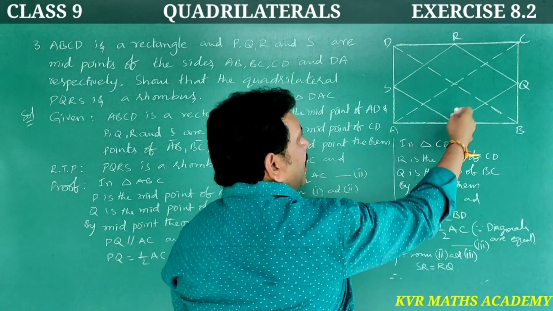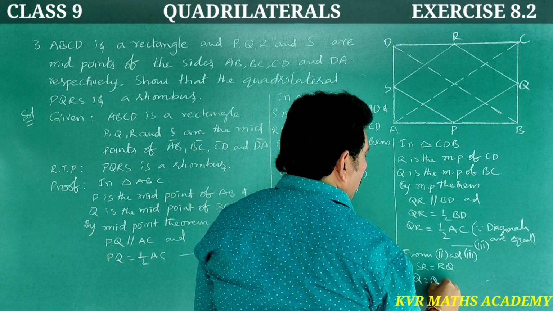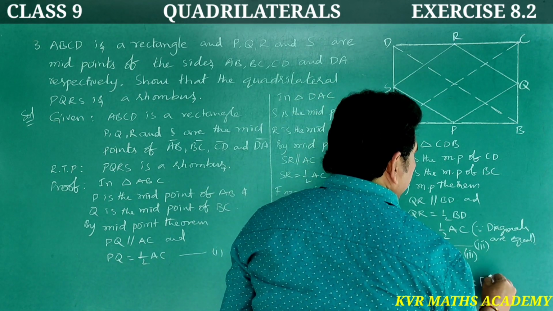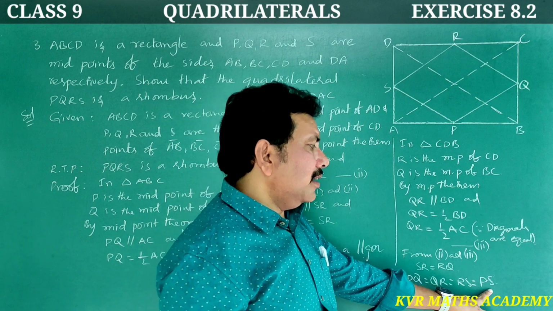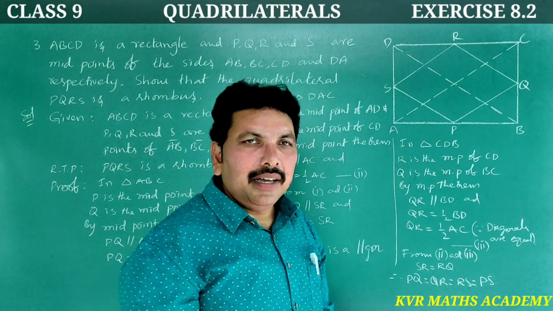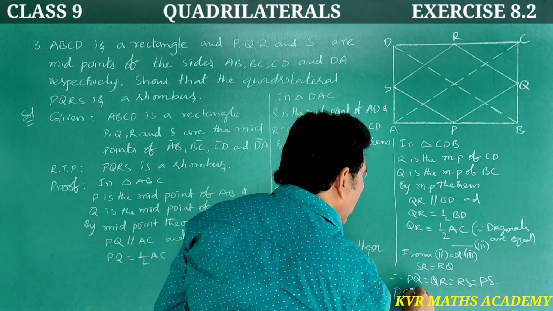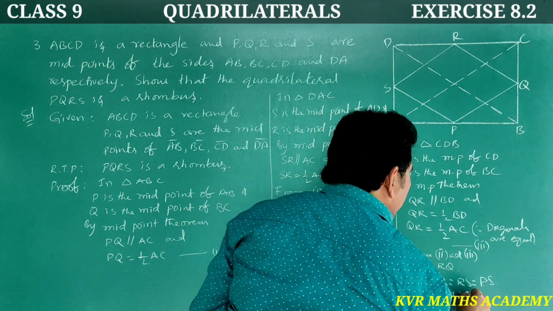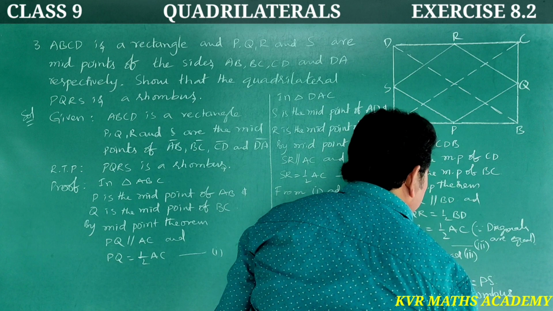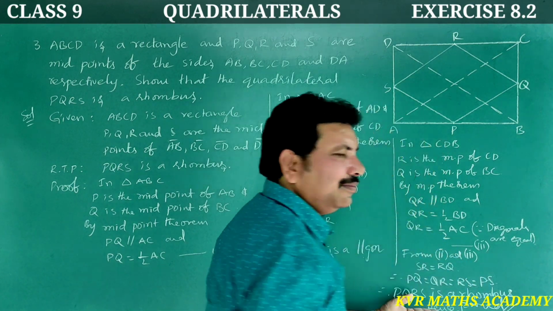Therefore all the sides are equal: PQ is equal to QR is equal to RS is equal to PS. A parallelogram with all sides equal is called a rhombus. Therefore PQRS is a rhombus. Hence proved.